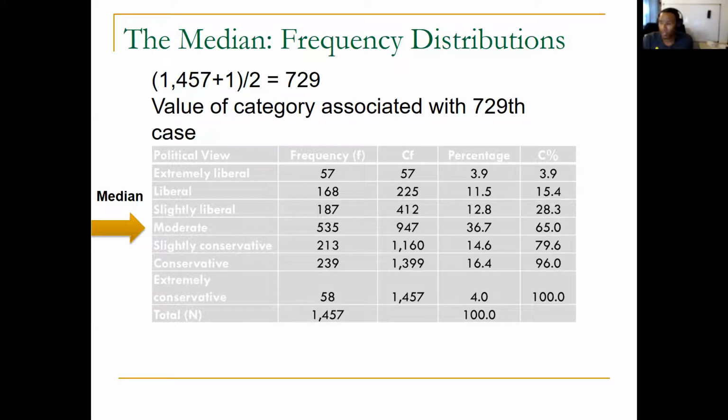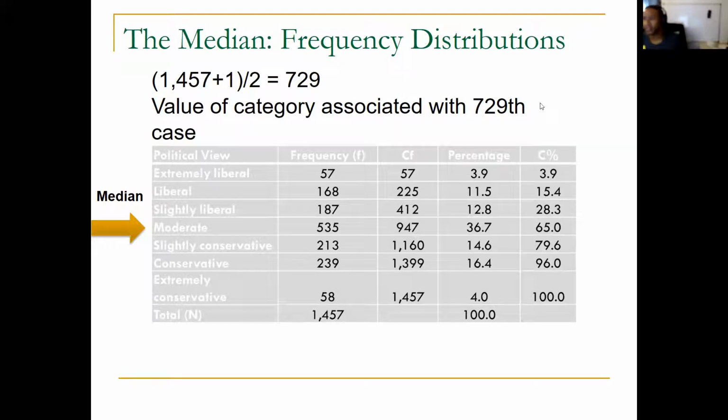Same process: 0 to 3.9, 3.9 to 15.4, 15.4 to 28.3, and this line is 28.3, this line is 65. 50% is going to be somewhere here. It's going to correspond to the moderate category. So our median is moderate. That's how you go about doing that.